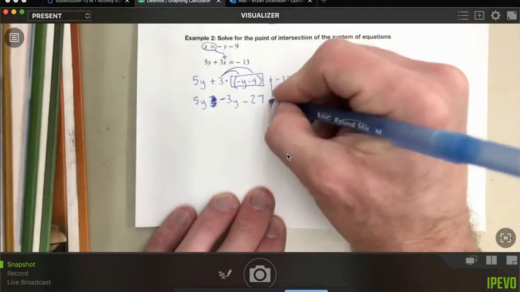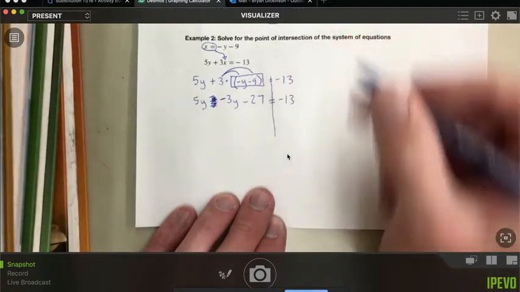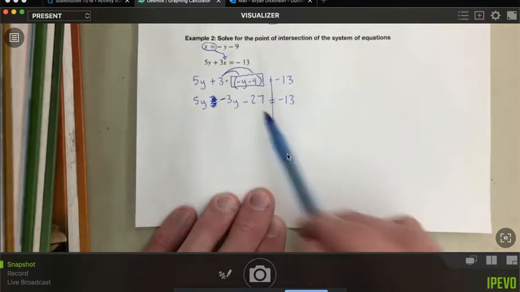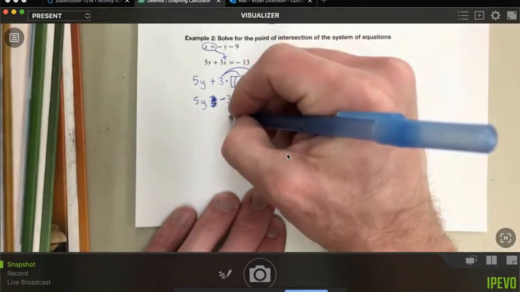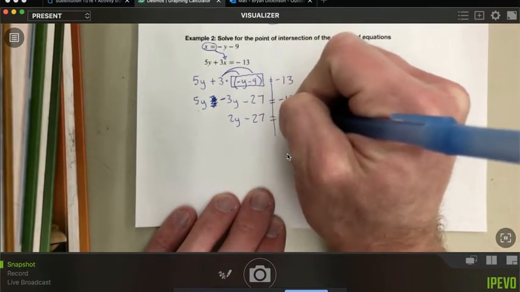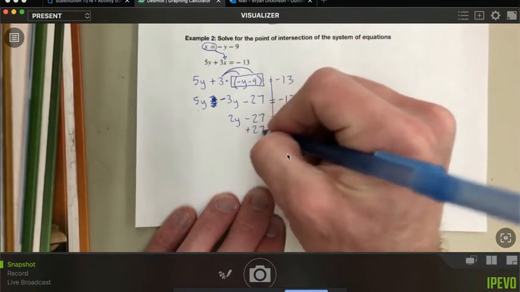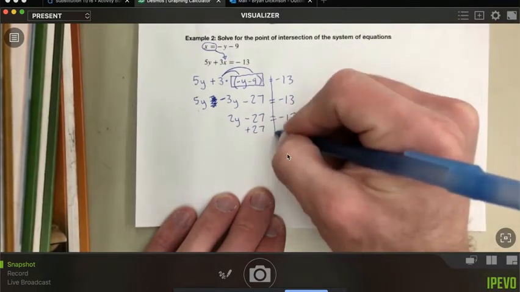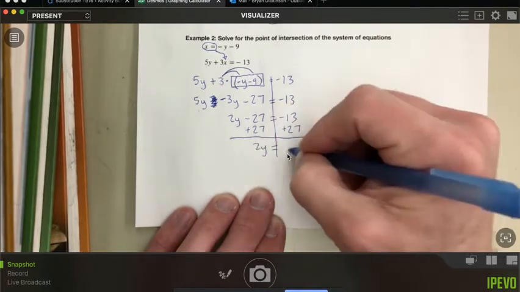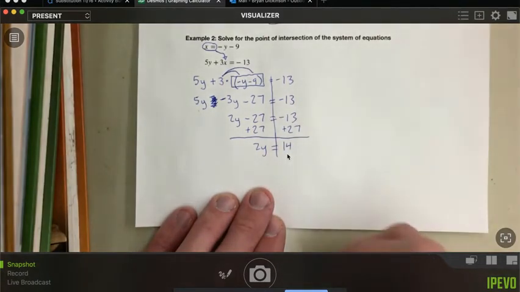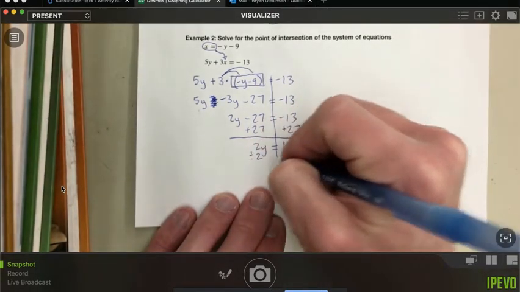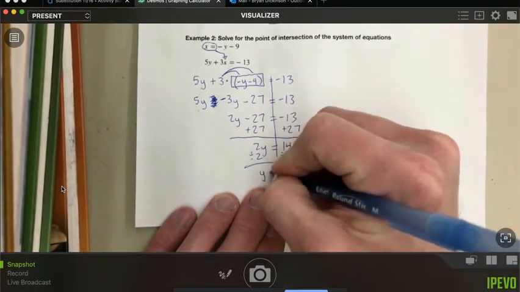And that's still all equal to negative 13. I think I can still do some simplifying on this side. I see 5y minus 3y. That would end up being 2y minus 27 equals negative 13. Let's add 27 to both sides, and we end up with 2y equals 14. And then if I divide by 2, I get y equals 7.